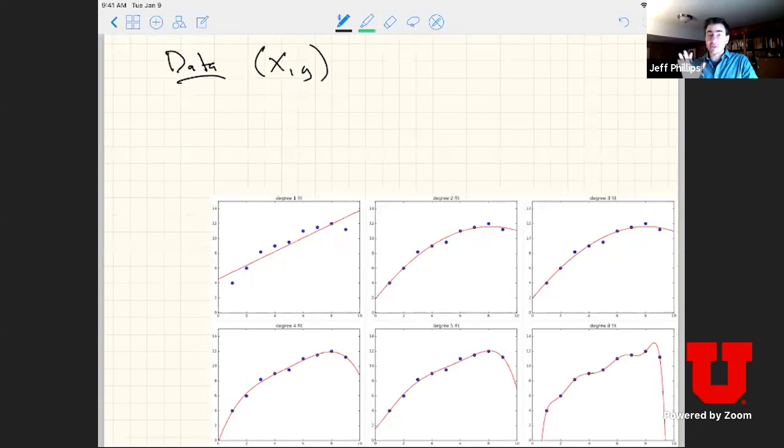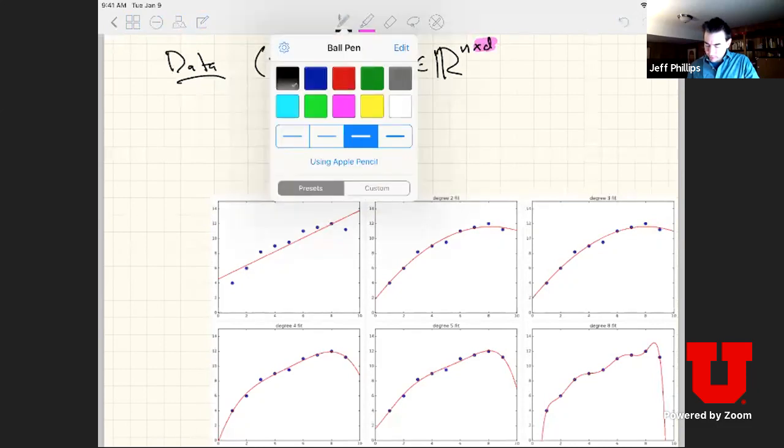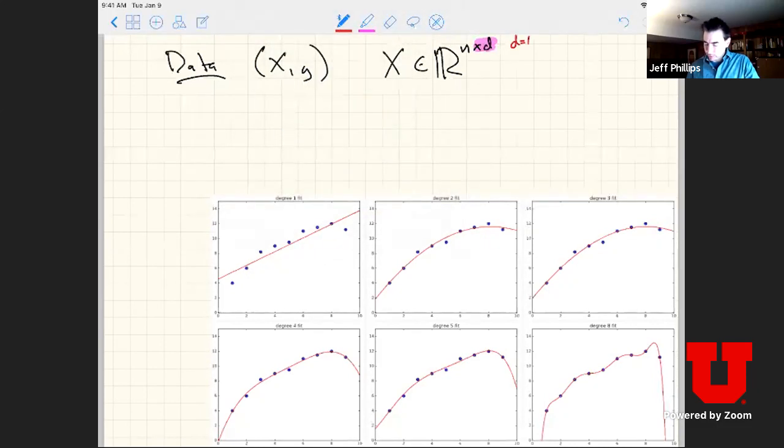Let's just stick with the simple case for now. x is going to be a subset of R^(n by d), so n data points in d dimensions, and we'll set d equal to 1 for the simple example. And then y is going to be in R^n. So these are the real values that we're trying to predict, right?